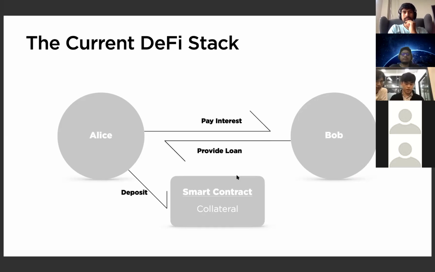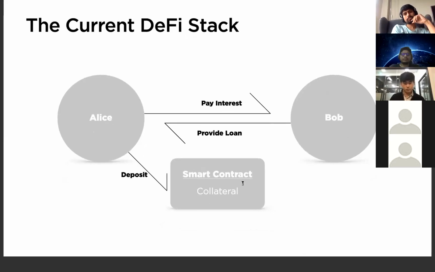The problem here is that the demand for loans is highly reliant on market fluctuations. People take out loans because they want to speculate on token price, so the demand for loans also fluctuates with the market, and that also causes the interest rate that Bob receives to fluctuate with the market as well.